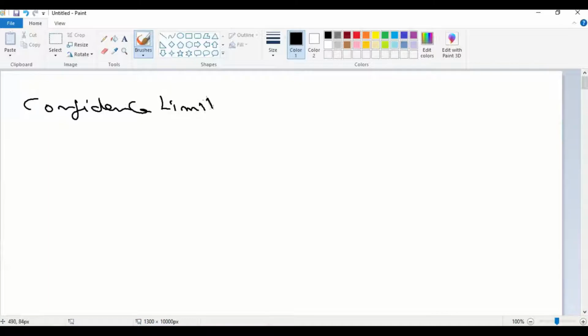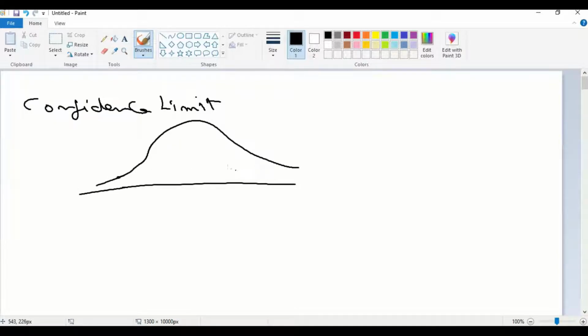So, what is confidence limit? Let us consider a data which is distributed like this. Now, the mean will be in the center. This is the lower part and this is the upper part.